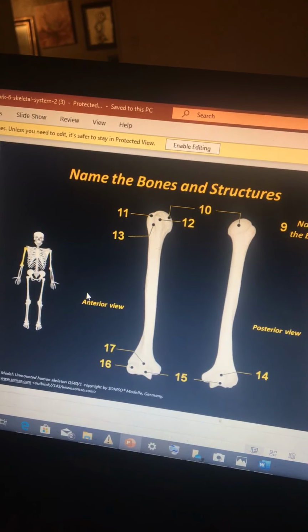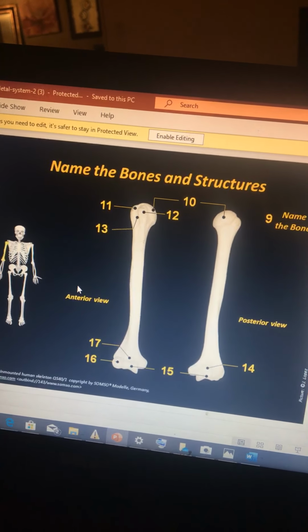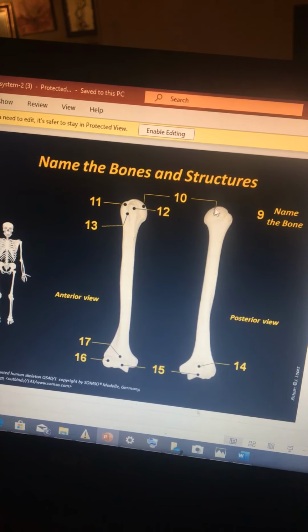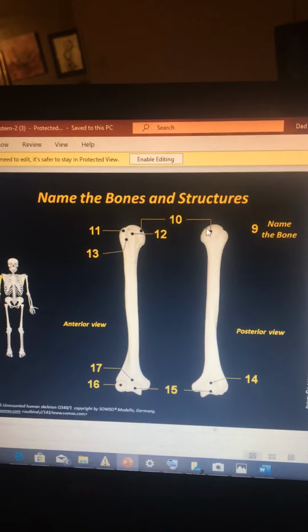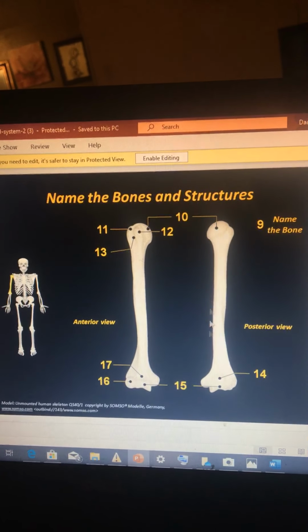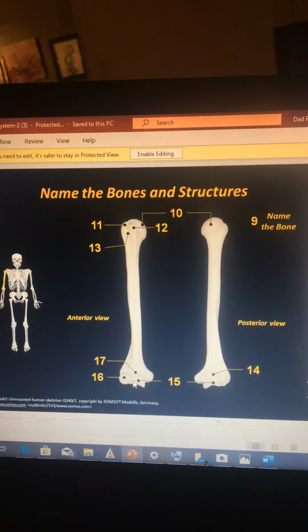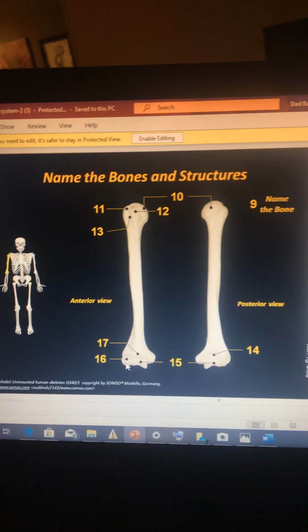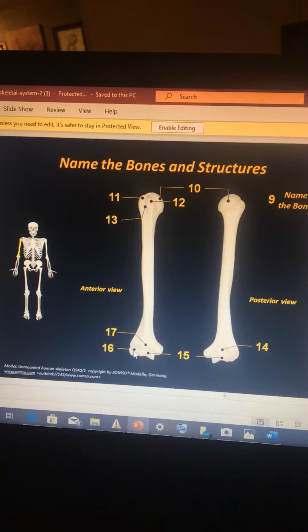Next, we're going to talk about the humerus. The humerus has a head right here. Then it has down here the trochlea. It also has a capitulum right here.